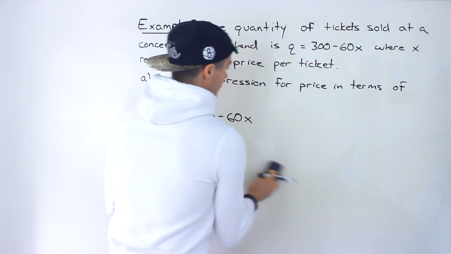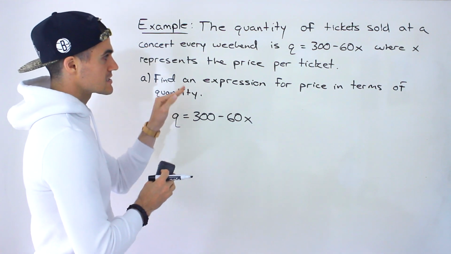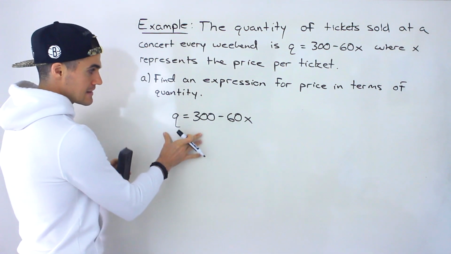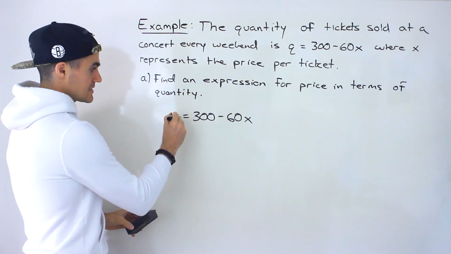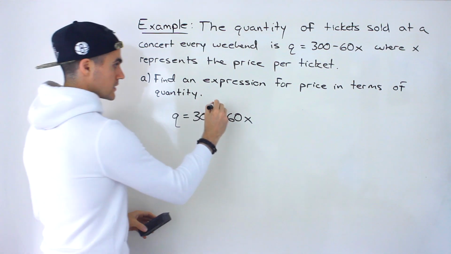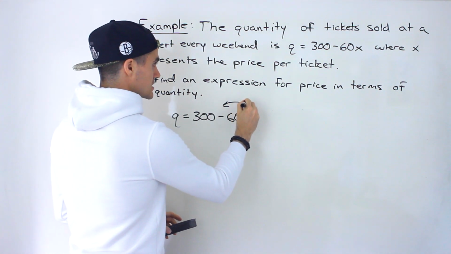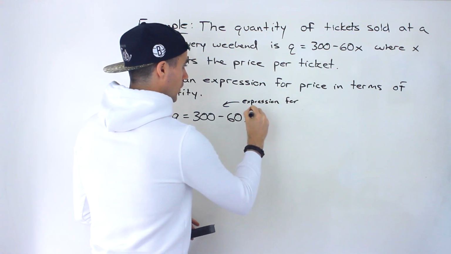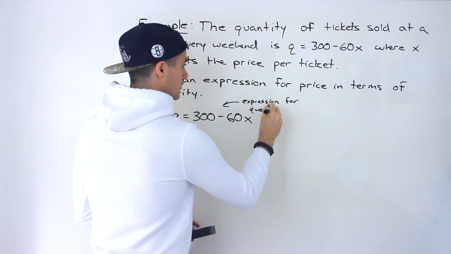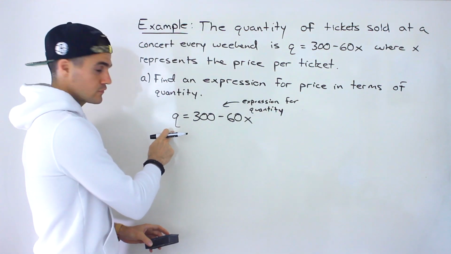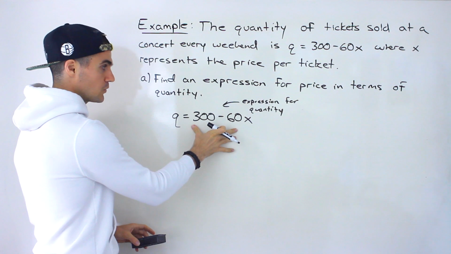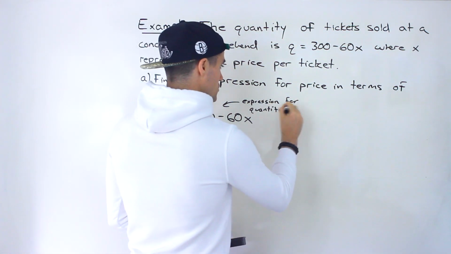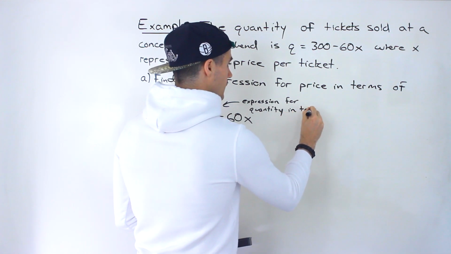But what we got to do in part A is we have to find an expression for the price in terms of quantity. So notice that this here is an expression for quantity, because the quantity is by itself, so Q, the quantity equals, we have an expression for the quantity in terms of price.